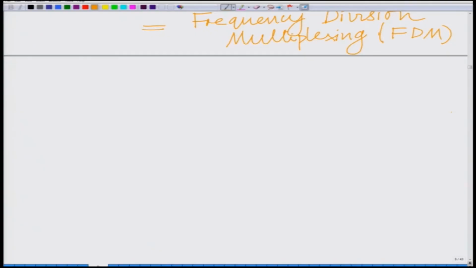For instance, let us take a look at this. How is this frequency division multiplexing done?